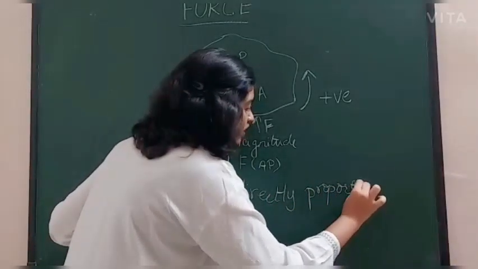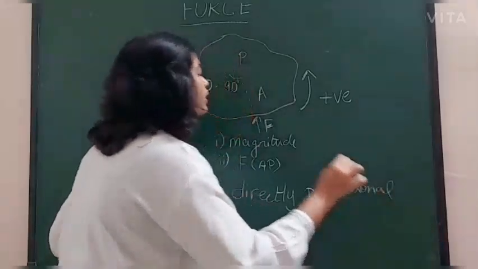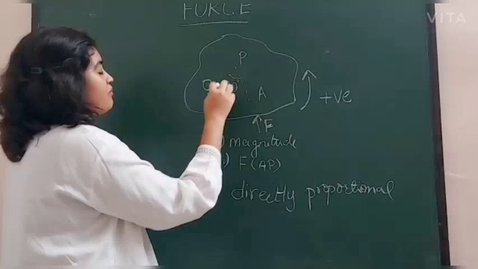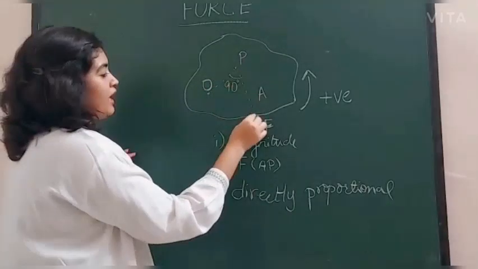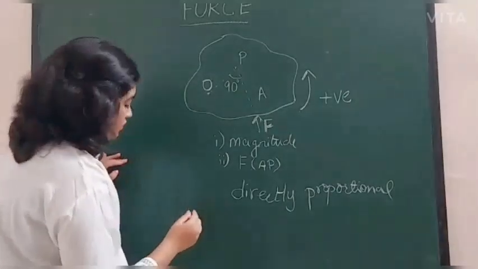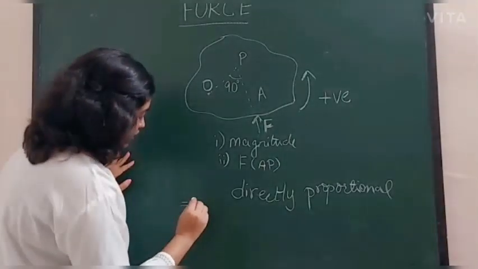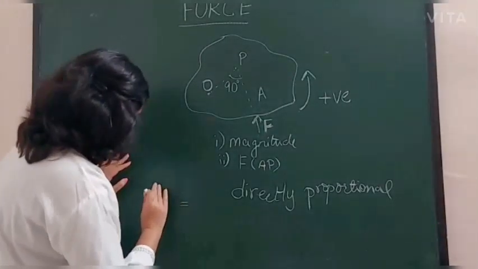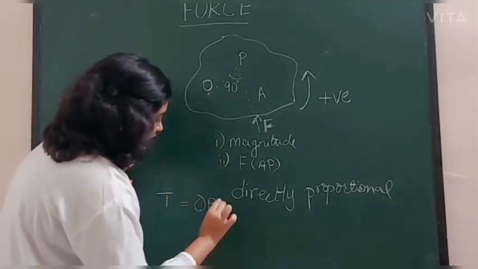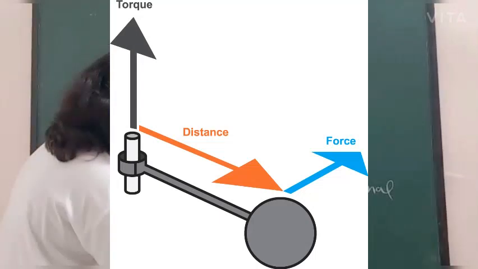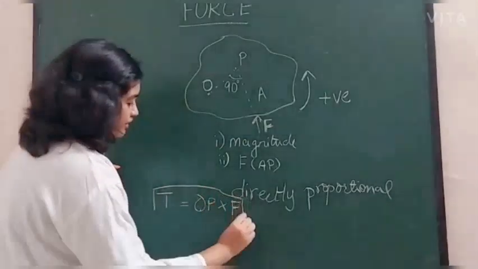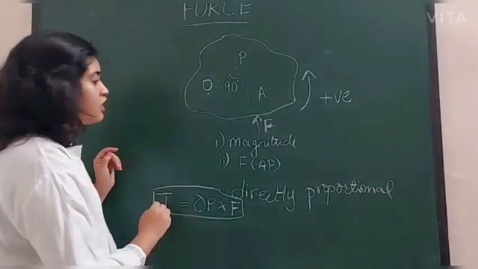In this case, this is the point we have taken, OP, and F is the direction in which the force is applied. So we can take the torque as capital T, equal to OP into AP, which is nothing but F, so I am writing it as F. So this is the torque generated in this example.